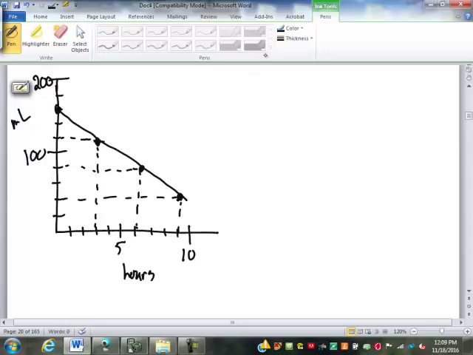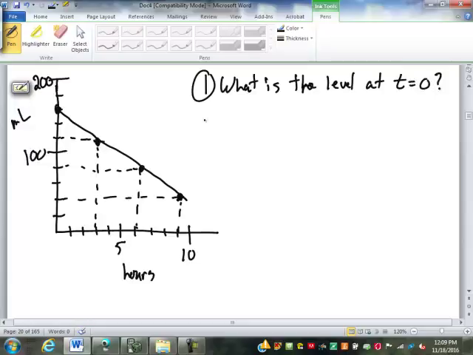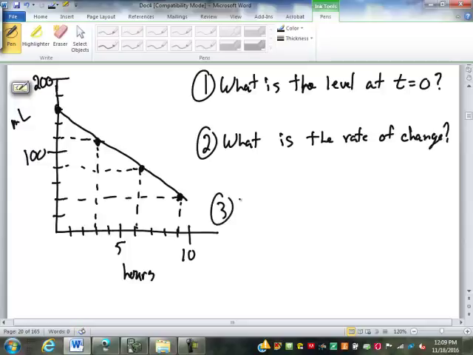Give you that graph. And we're going to ask you: 1, what is the level at t equals 0 hours? 2, what is the rate of change? 3, describe the level with an equation.